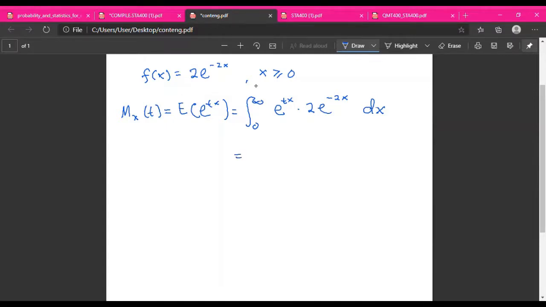Okay, and then because this is also an exponent function, we need to multiply this 2, and the 2 here is a constant, so I take it outside. So what will happen when we multiply e power tx with e power negative 2x? It will actually be e power tx minus 2x, right? The index plus the index.